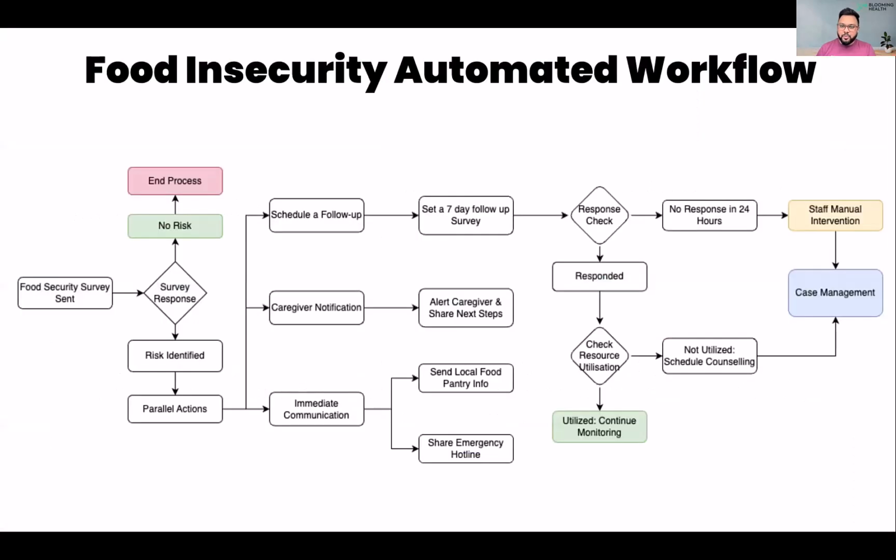So what we did with Blooming Health is we automated the solution using Blooming Health automation. One of the best things about Blooming Health automation is your members don't need to be computer literate or have smartphones. We help organizations reach them on low tech devices.